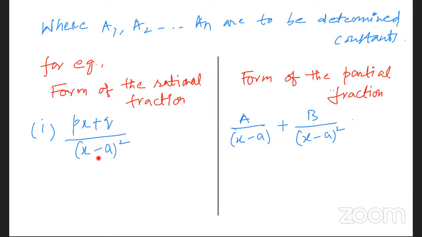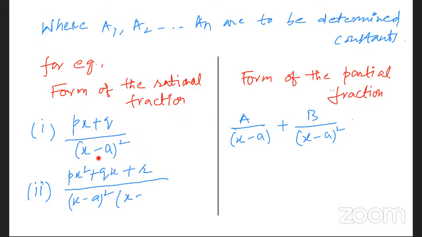We'll consider one more example. Suppose px square plus qx plus r divided by x minus a whole square into x minus b. Here x minus a is the repeated linear factor and x minus b is the non-repeated linear factor in the denominator.